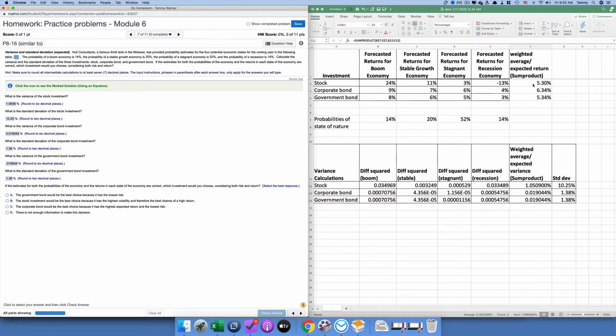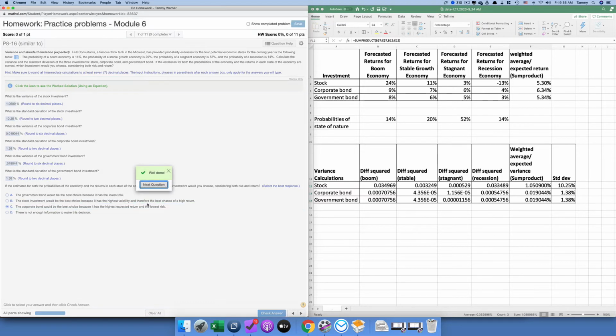And it doesn't give you all that great of a return, whereas these corporate bonds have a very low standard deviation or riskiness, and they have a higher return. So the answer is going to be the corporate bond because it has the highest expected return and the lowest risk. So there we have it.